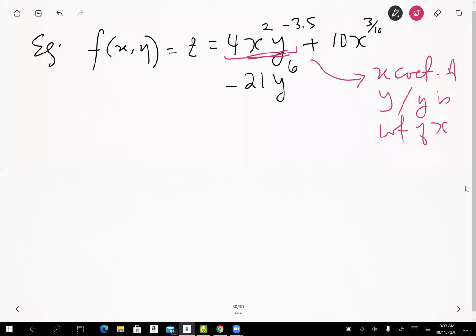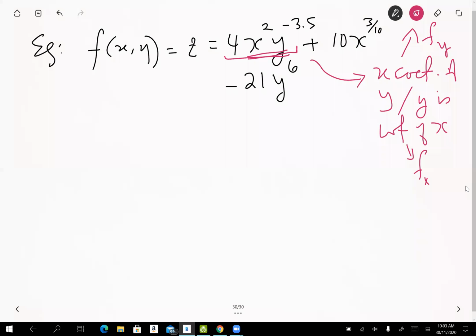So y is a coefficient of x when you do the derivative with respect to x. x is the coefficient of y when we do the derivative with respect to y. So think of it as a constant, and that is the coefficient of the variable that we are going to take the derivative with respect to.